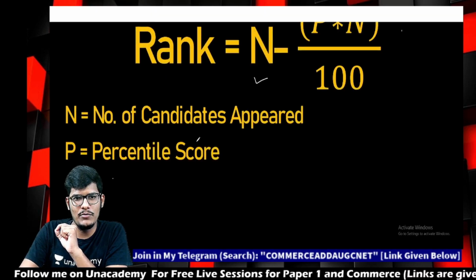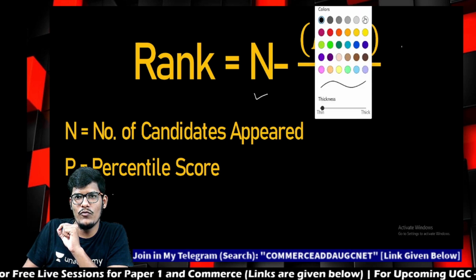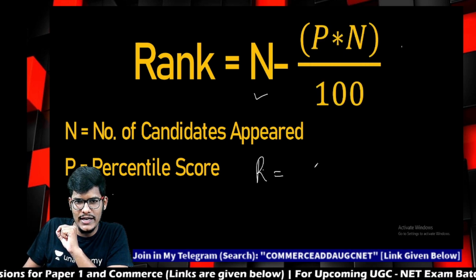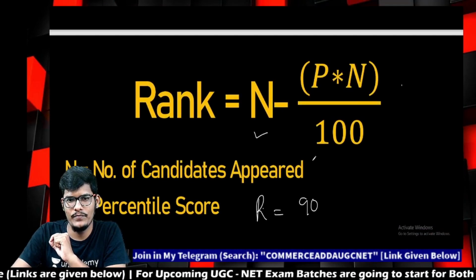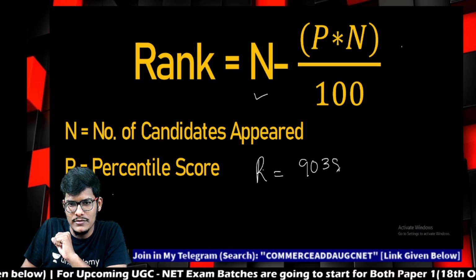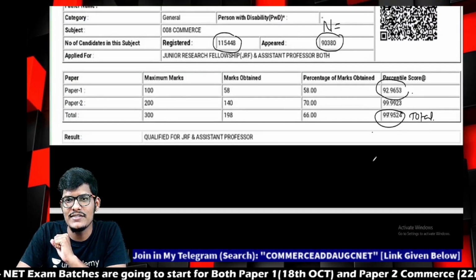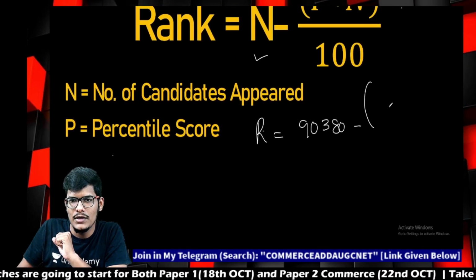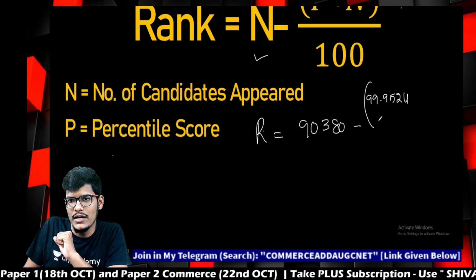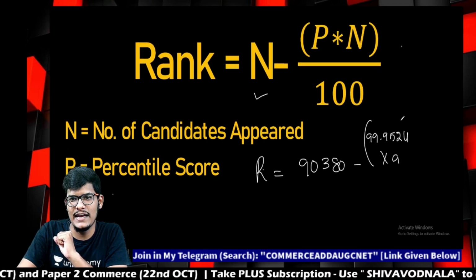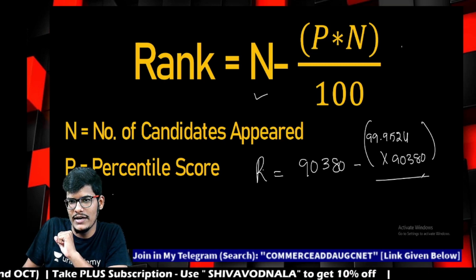Now if you put it in the formula, rank is equal to n, that is 90,380, minus p, the percentile, which is 99.9524, multiplied by the number of candidates, that is n only, 90,380, divided by 100.